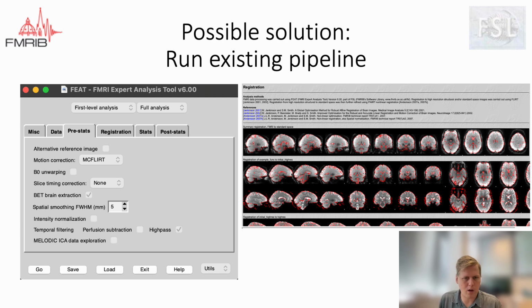For example, if you run FNIRT, you could mask out individual lesions and get a better registration, but that actually isn't available within the broader FEAT pipeline. So we can't run FNIRT in a way within the FEAT pipeline that does this. You would still have to do your own registration step and then feed that into FEAT, which quickly becomes more complicated again.